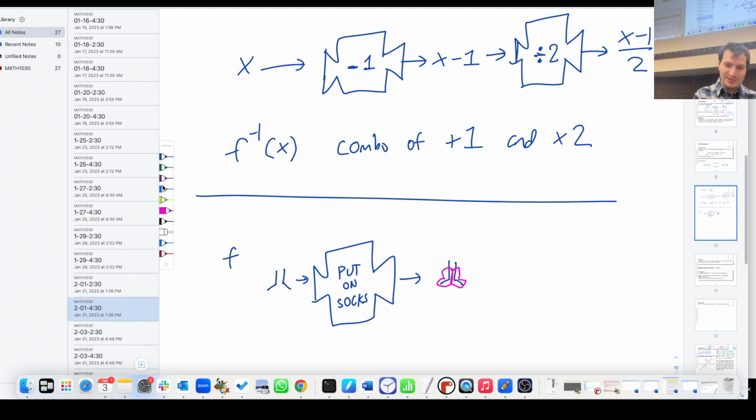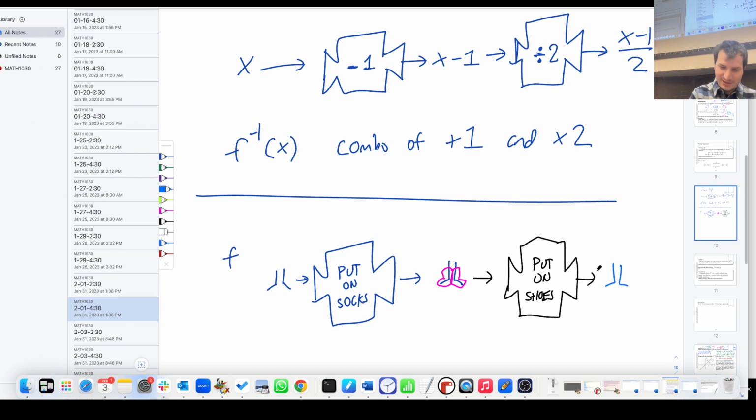Then you put on your shoes next. Oh, I don't want black, I want the same color. Well, okay, we're doing it in black. I guess you're putting on black shoes. So what comes out is you in your socks and your shoes. These are your pink socks, and you're wearing beautiful black boots over top.